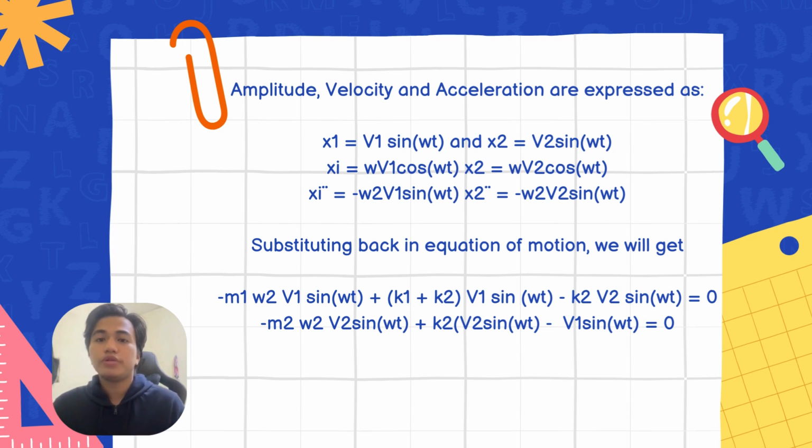Then the amplitude, velocity, and acceleration are expressed as Z, W, S, and omega. We substitute back into the multiple masses equation, and we can see the equation as that.